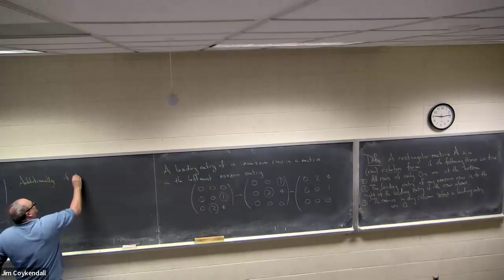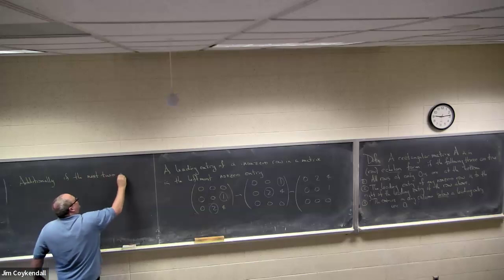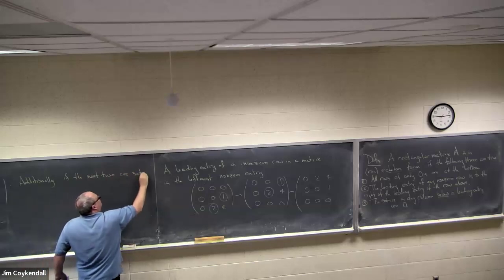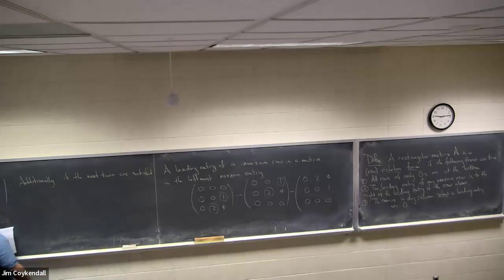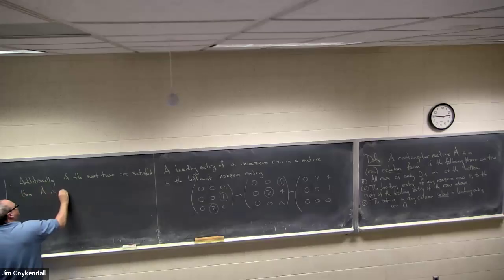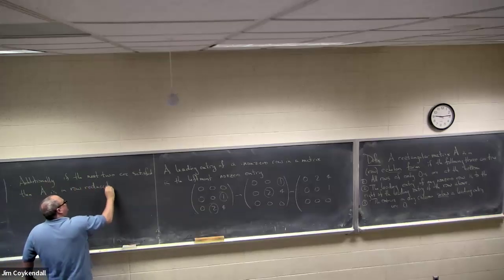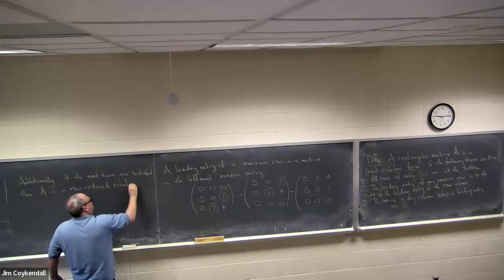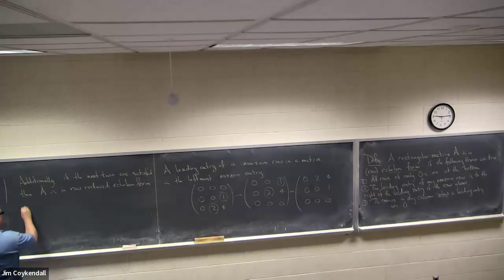If the next two are satisfied, then the matrix is in row reduced echelon form. So we've got to have these first conditions plus these other two.